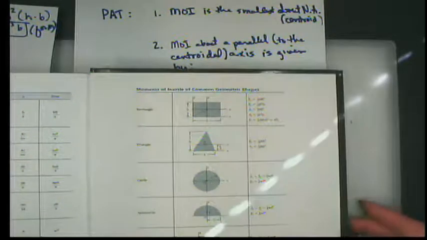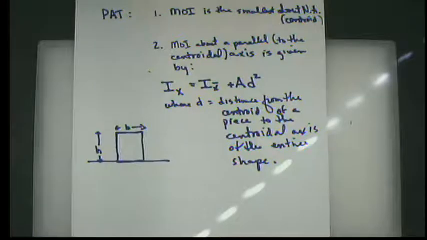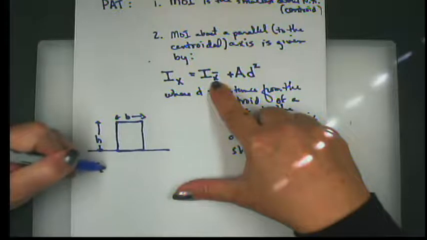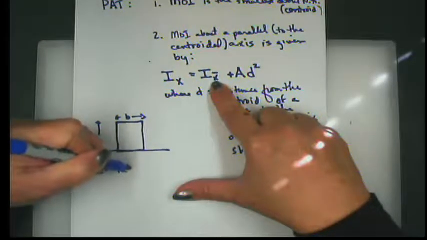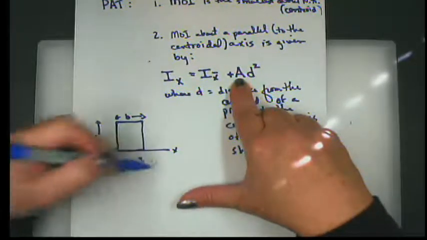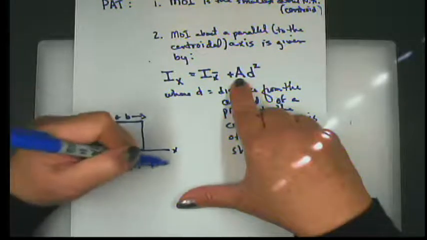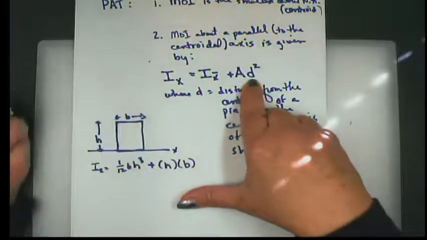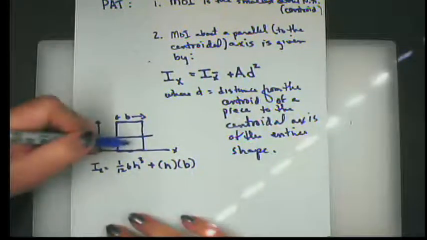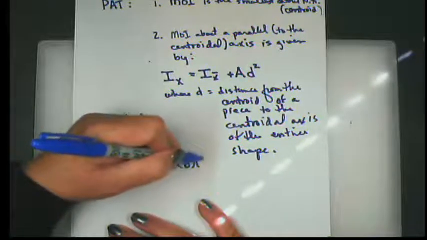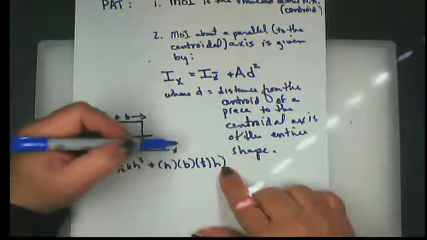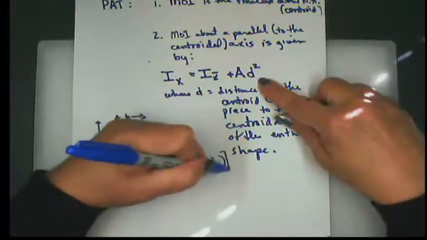So let's see if that makes sense or if that works with our theory. The parallel axis theorem tells me, if I accept that the centroidal moment of inertia is 1/12 times the base times the height to the third, and I want to know what it is about the base, I would add the area, which is the height times the base, times the distance from here to the centroidal axis, which is 1/2 times height, and it's this distance squared.